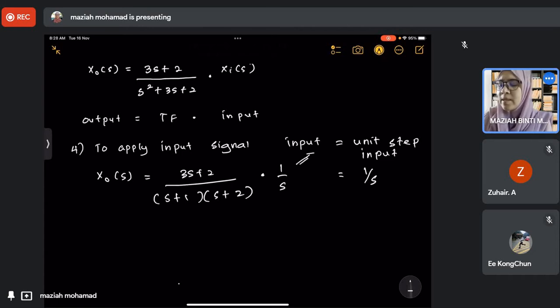Okay, this is the input, unit step input. Right, so therefore now our equation, okay, so this is the equation in Laplace form. X naught(s) equal to 3s plus 2 divided by s plus 1, s plus 2 multiplied with the input 1 over s. Okay, so now let's do step number 5, which is partial fraction decomposition.